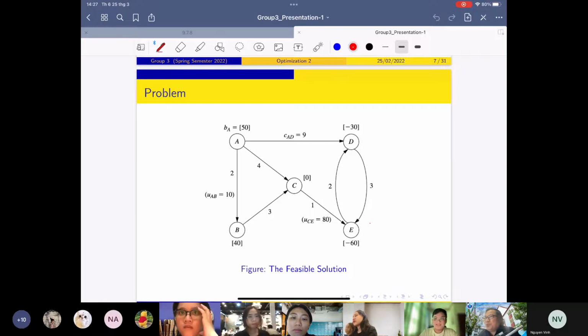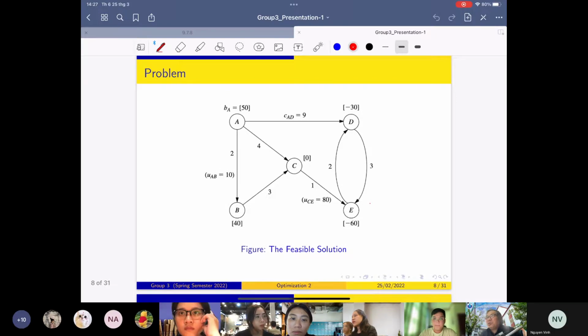Now, if you choose a spanning tree as an initial feasible solution, any arc in that tree is basic. The arc which is not in that tree is non-basic. You understand? When you choose a tree solution, after that you have basic and non-basic.